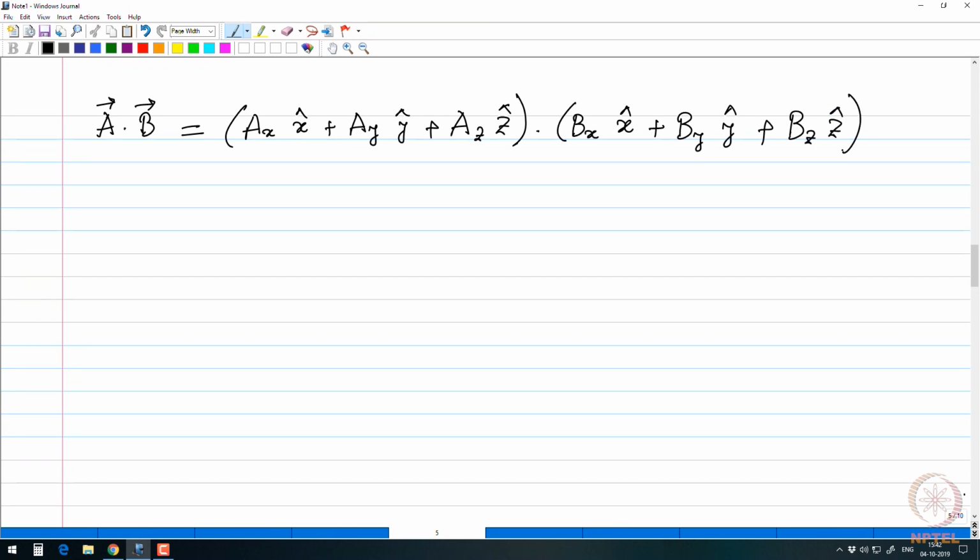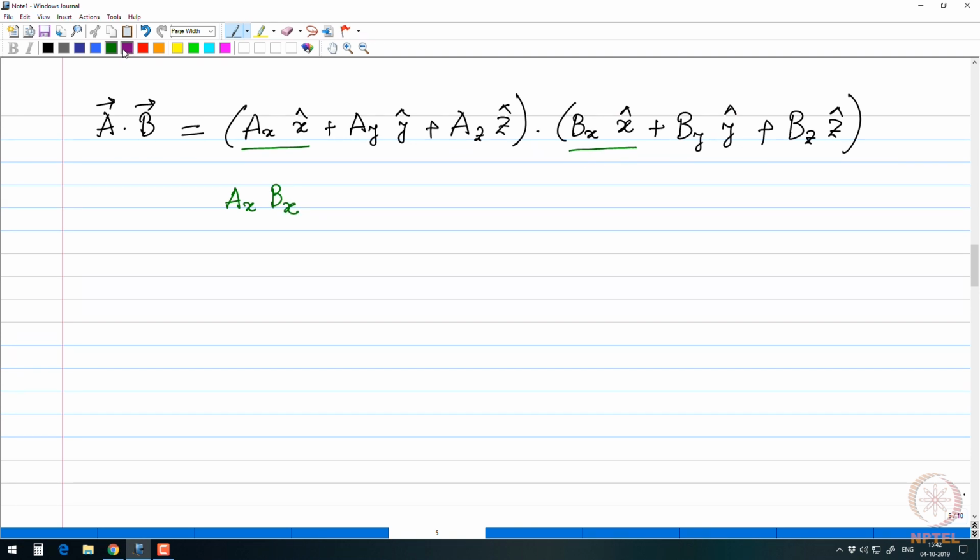Now, if we take a dot product between this part and this part, we obtain Ax Bx.